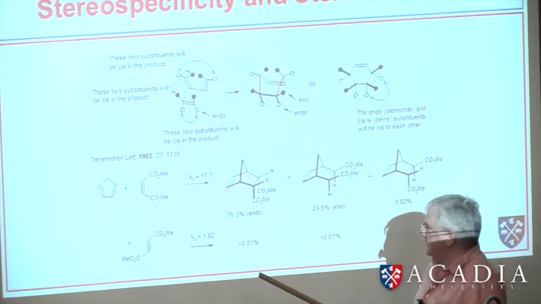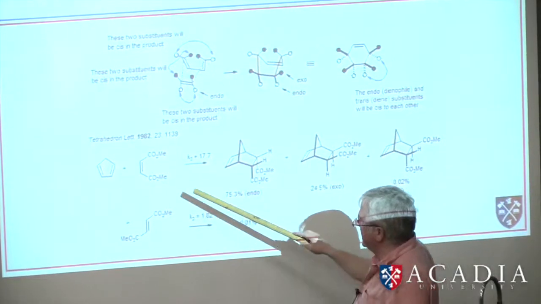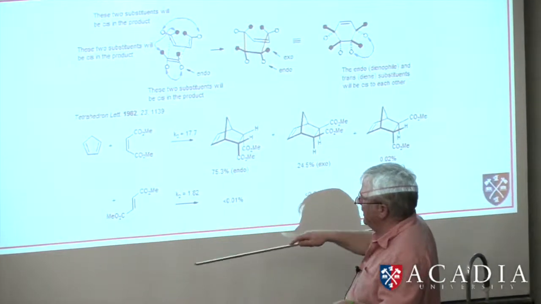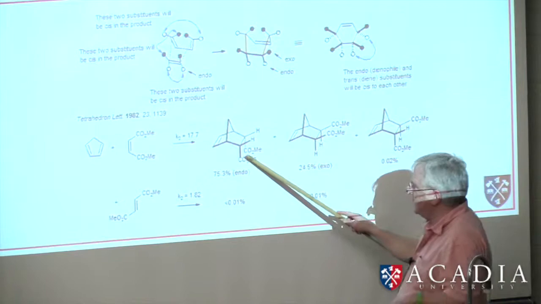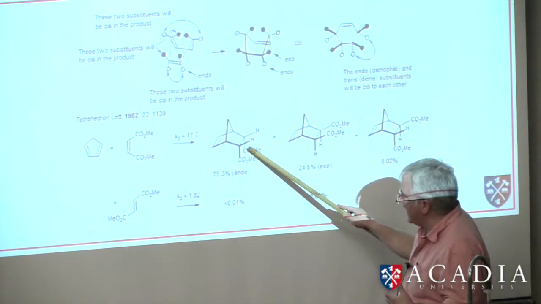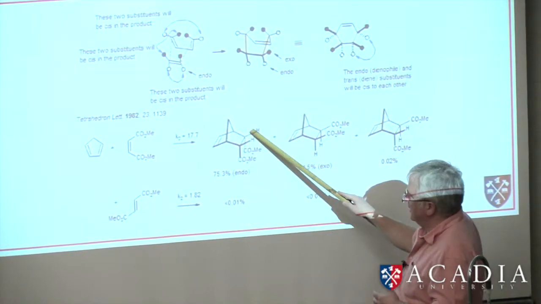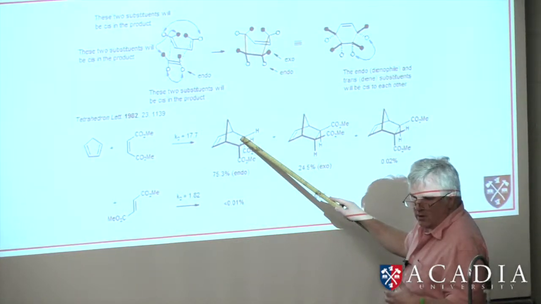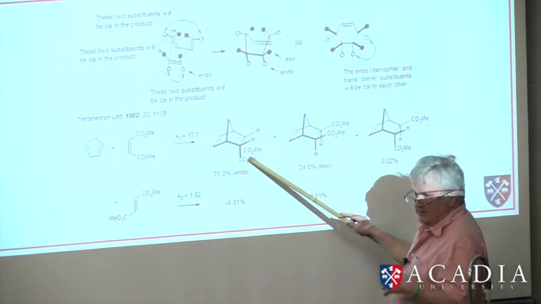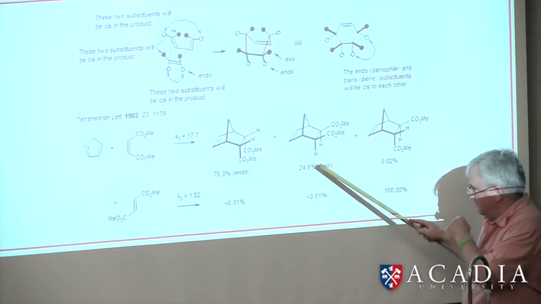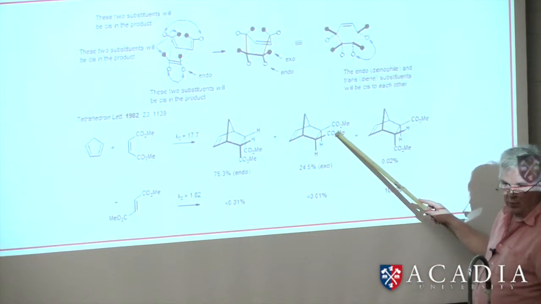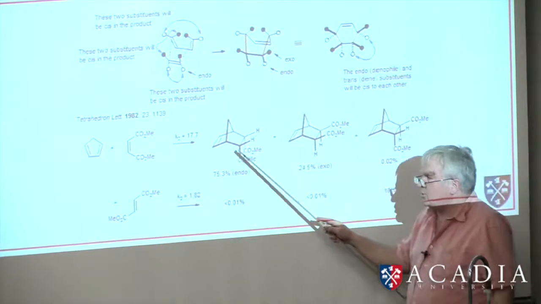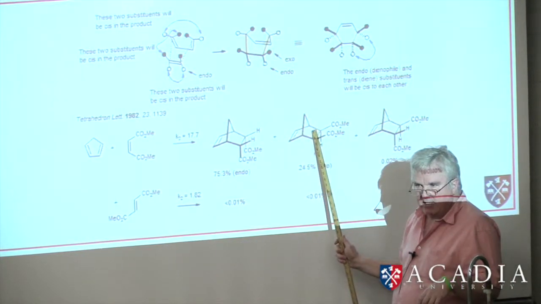Where we get stereoselectivity is that this can approach where they're sticking out, in which case we get what we call the endo product. We call it endo because these are kind of below the ring system. Okay, so we call that endo. The other isomer we could get is the exo product, okay? And we get much more of the endo product than the exo product.